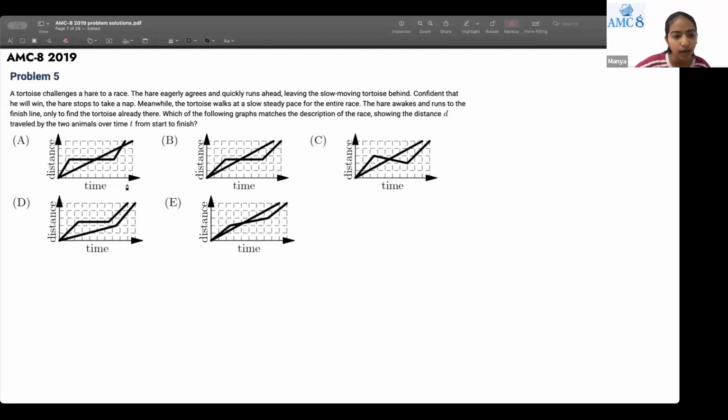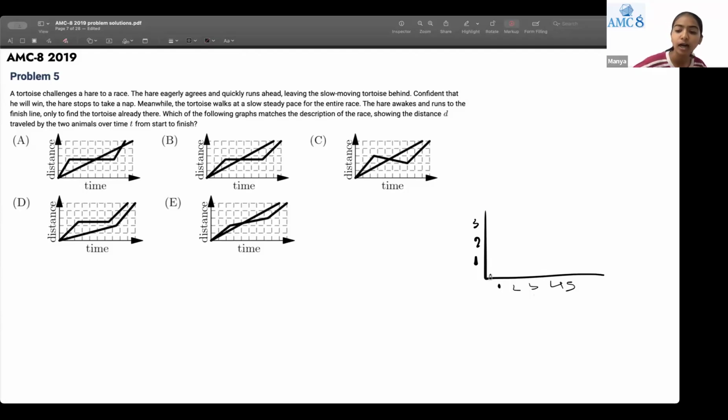So this is the amount of time. So this is the graph. This is the time. So then it's going to be 1, 2, 3, 4, 5. And then the distance will be equal to like 1, 2, 3, and something like this. And so if we go like this, and then they reach 3, so suppose that the total distance is 3 miles.